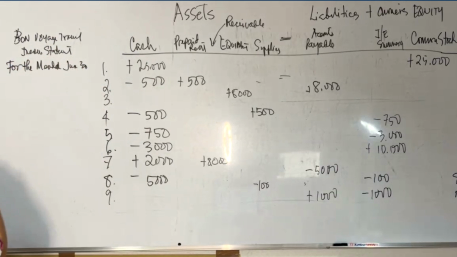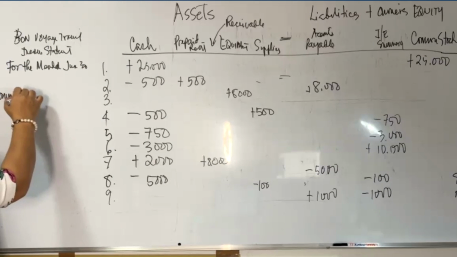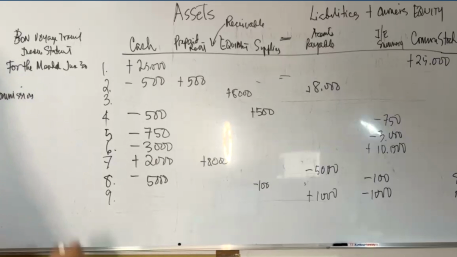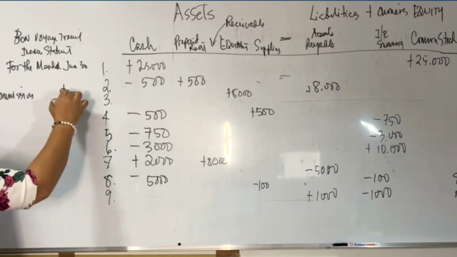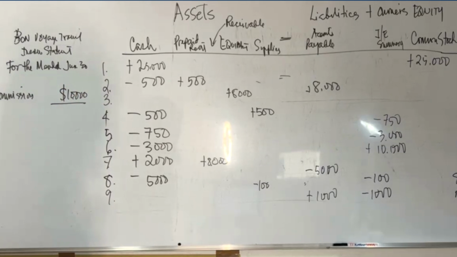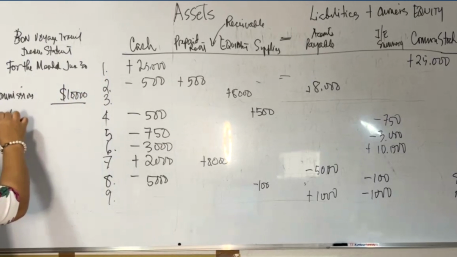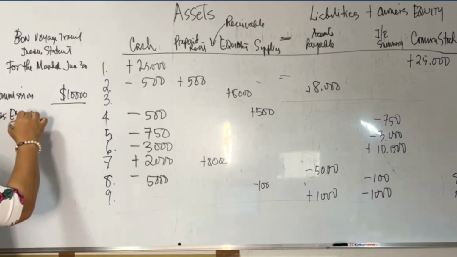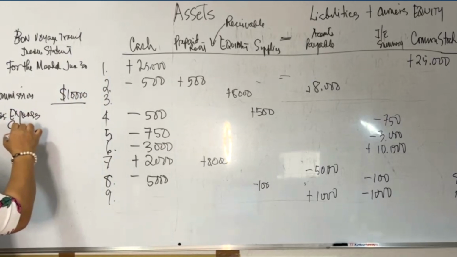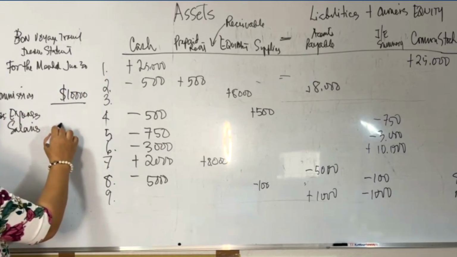Okay, let's start with, they call it commission. 10,000. And then let's do all of the expenses. Let's start with the highest one. Less expenses. Salaries, 3,000.